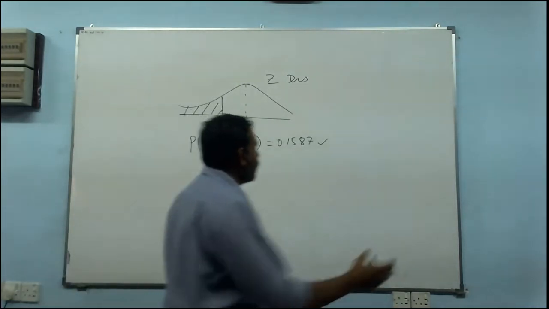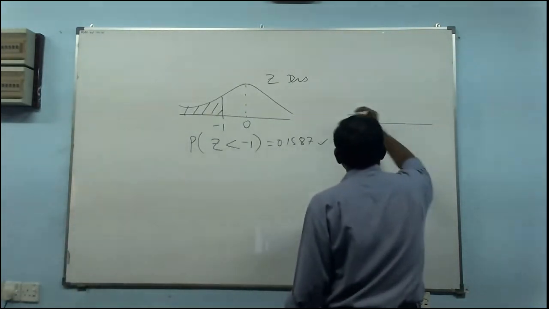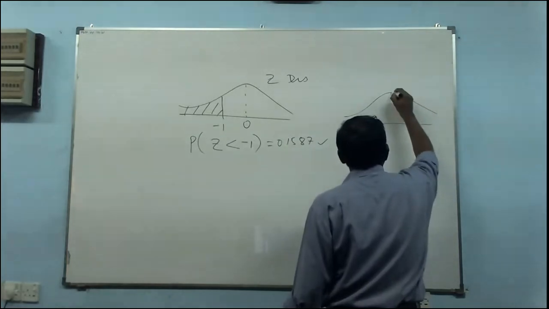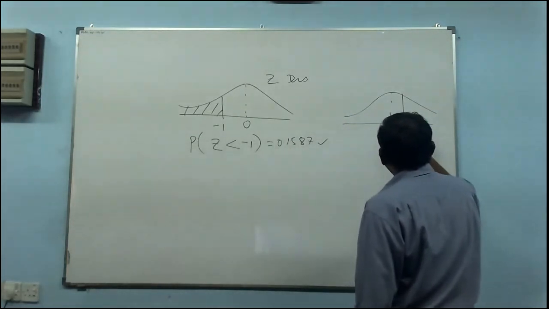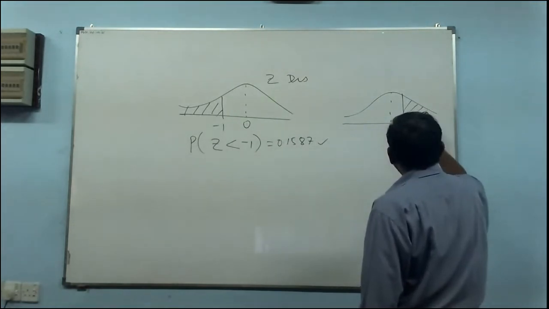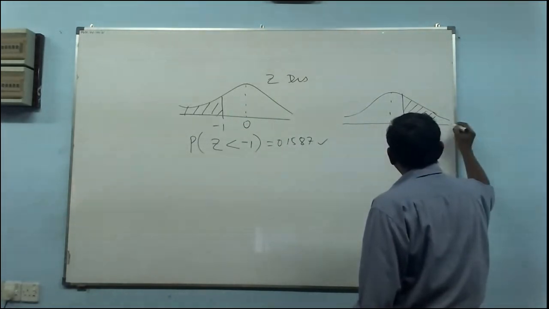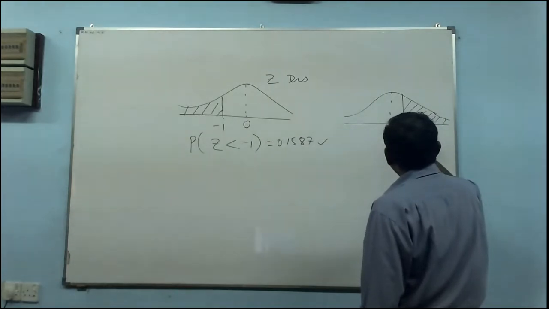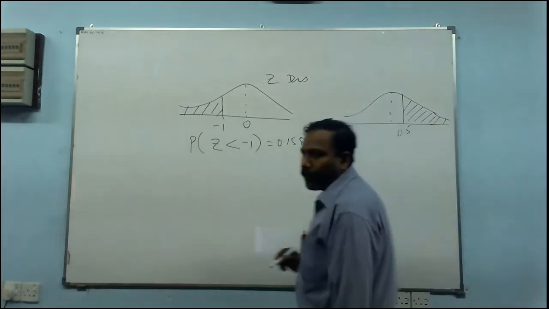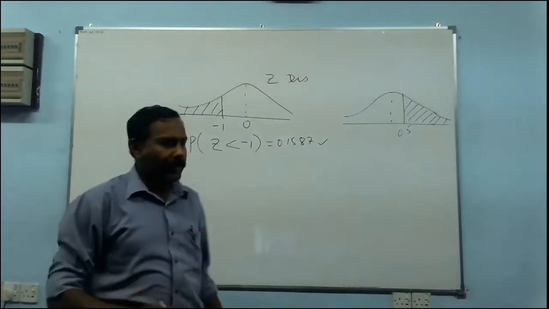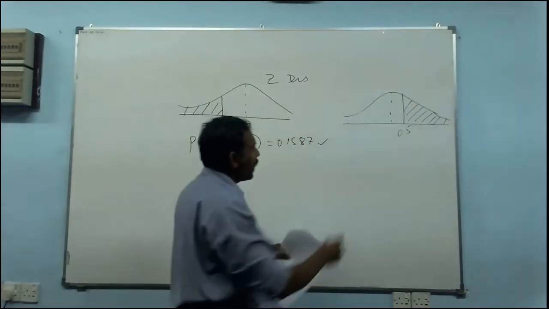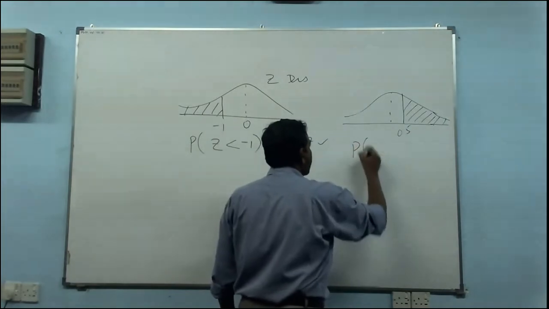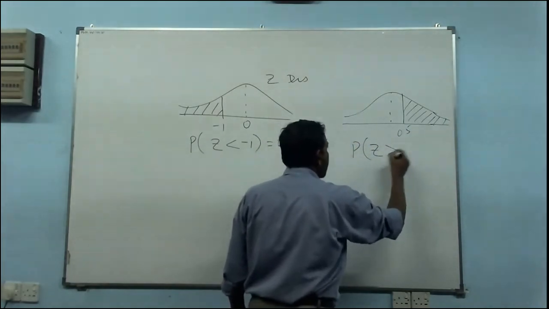Again, this is a z distribution. Let's say I want to find the probability on the right side, greater than 0.5. So in terms of text, find the probability of z greater than 0.5.